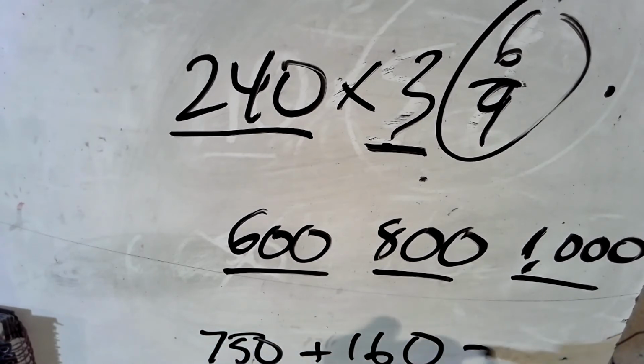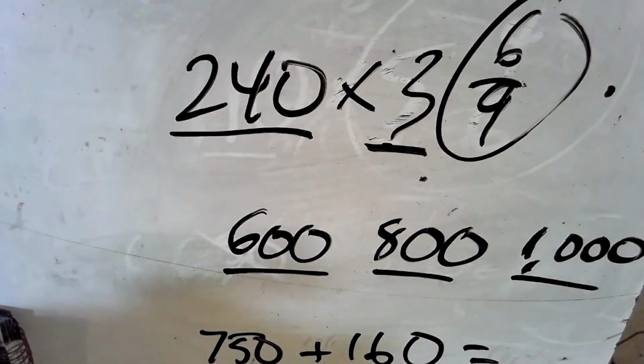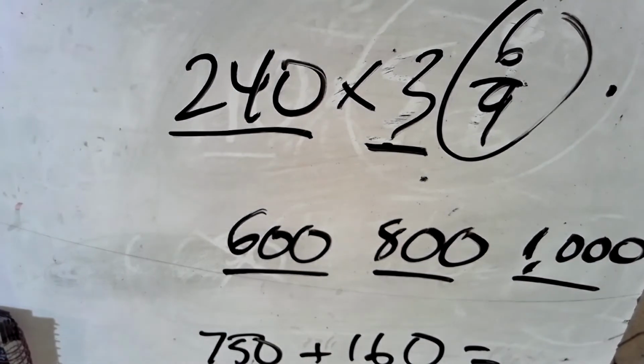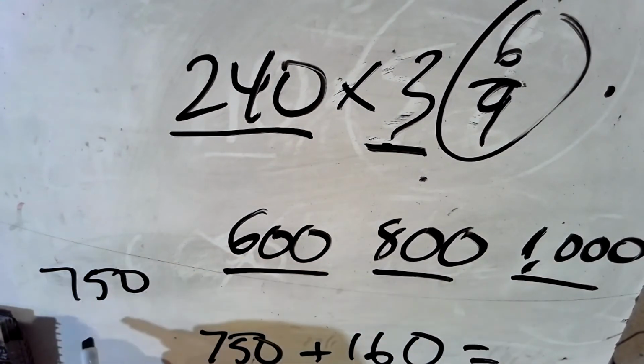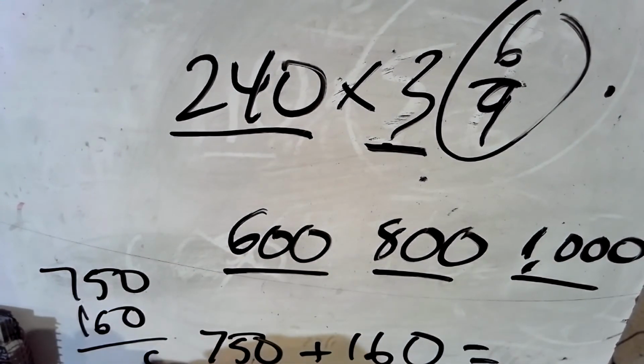We add them together, it's really 720 plus 160, and when you add them together, it's 910. So if you said 800, you're close. If you said 1,000, you're close. Really, you could justify it either way. But 600 is definitely going to be too low.